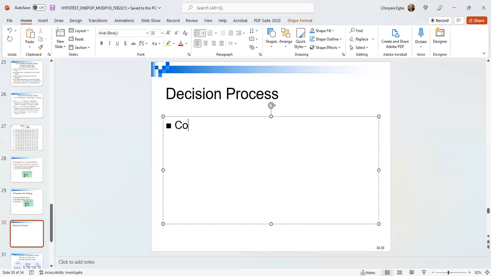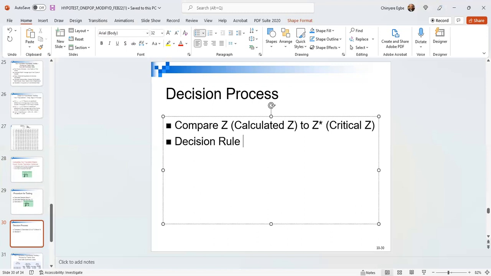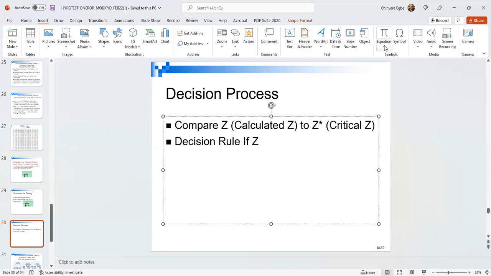Compare Z to Z star, which is compare the calculated Z to the critical Z. All right. Then the decision rule is if Z is greater than or equal to Z star.